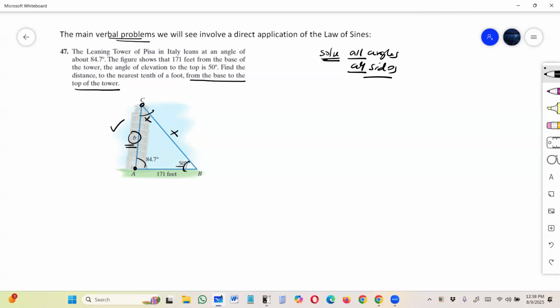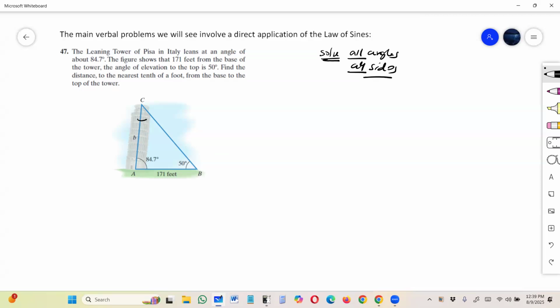All right. Now, you cannot use the properties of right triangle trigonometry because this is not a right triangle. You have to use the law of sines for now, but after we cover section 6.2, you could use either the law of sines or the law of cosines. In this case, I have to use the law of sines. Now notice for the law of sines, I have to have one complete ratio.